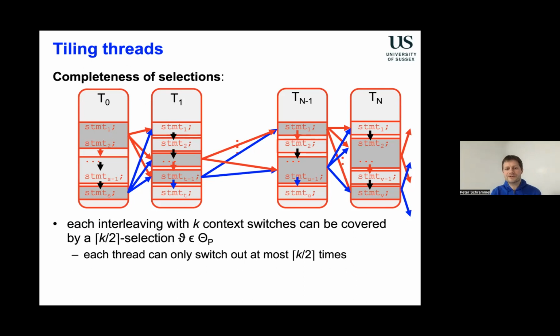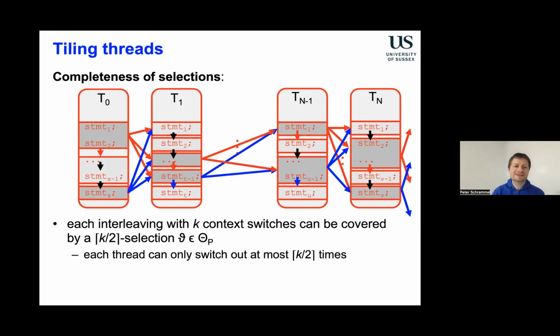And the interesting observation here is that when context switches are bounded to k, then within a thread, you only have to pick k over 2 tiles, because you can only switch out from one thread k over 2 times at most.